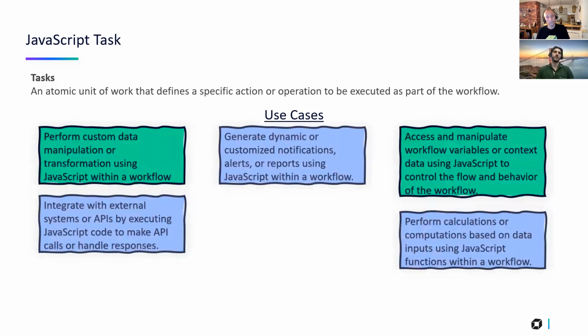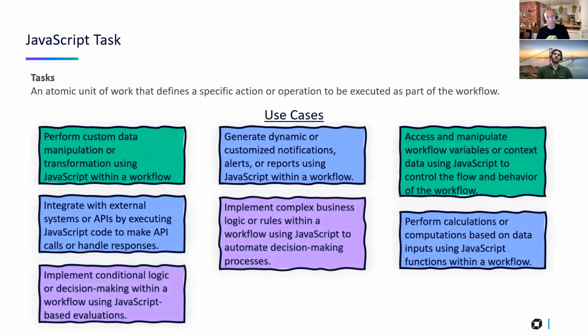I'll just walk through these here. So yes, now that you can run your own JavaScript code in a workflow, you have unlimited possibilities with that observability data. You can have workflows that run JavaScript to reach out to external endpoints, extract data, process that data, and then based on the processing of that data, take actions.